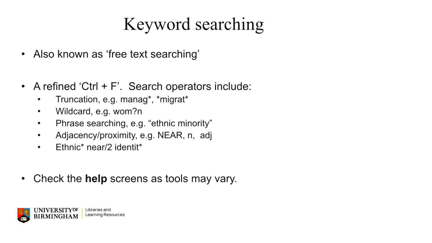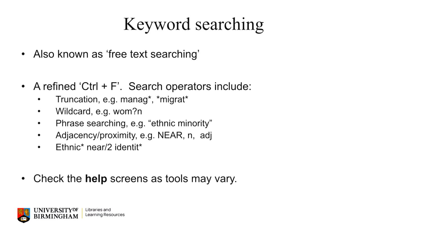This enables your search to pick up different endings. Some databases, for example Web of Science, also allow left-hand truncation, and this can be useful for chemical and pharmaceutical names. The second tool is the wildcard, which allows you to search for variations within the word. This can be useful for picking up terms where the UK and US spelling differ.